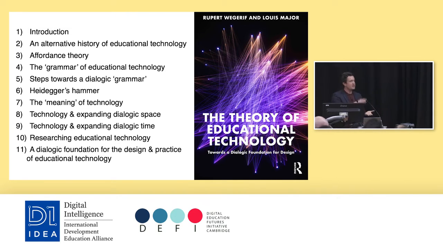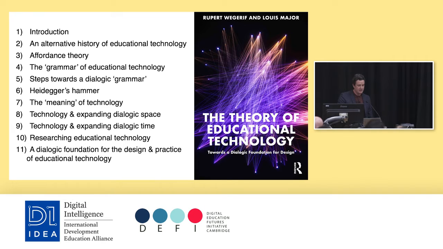We then look at one of the seminal theories that have been applied to educational technology, this idea of affordance from James Gibson, Don Norman, looking at that through a dialogic lens, before moving on in chapter 4 to this idea of the grammar of educational technology, looking at things like Skinner's teaching machine, Papert's constructionism, and Bereiter and Scardamalia's knowledge building.